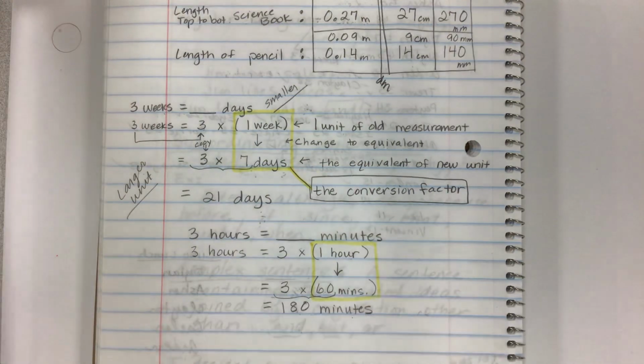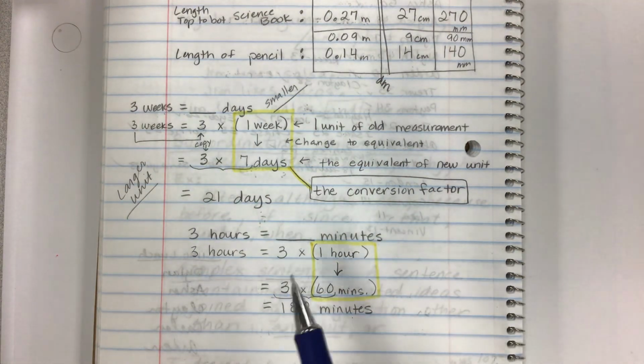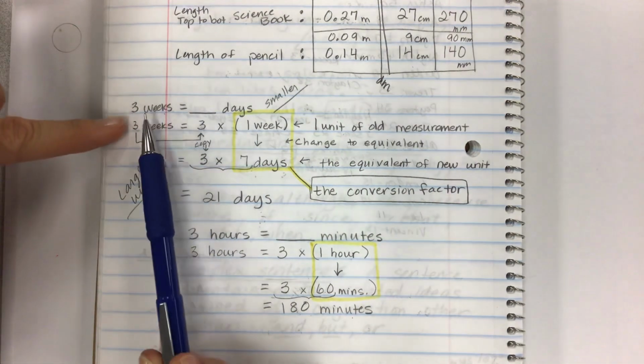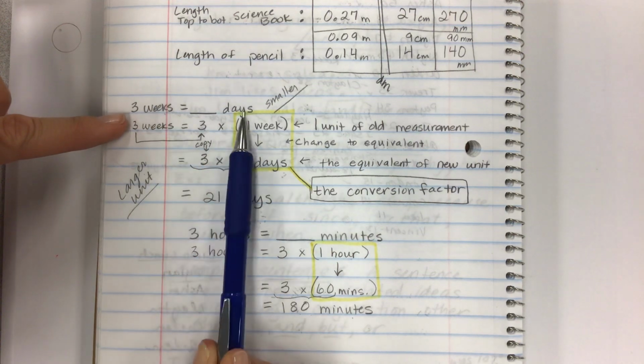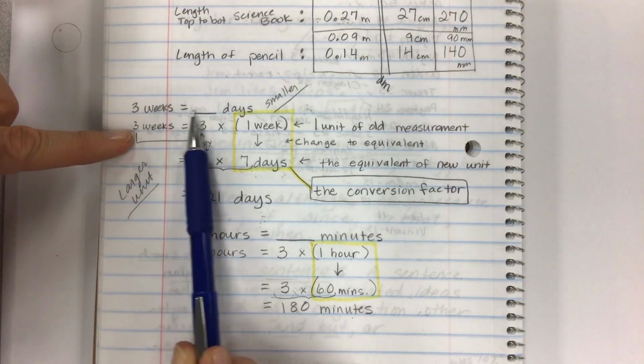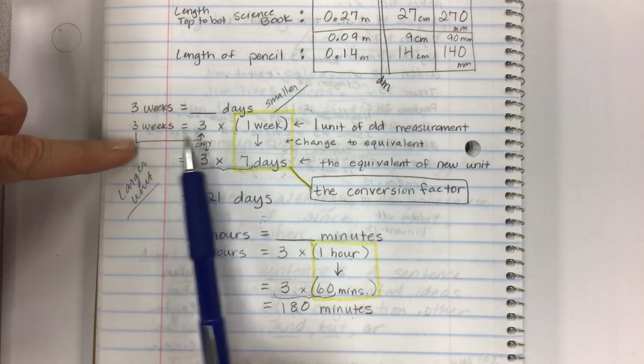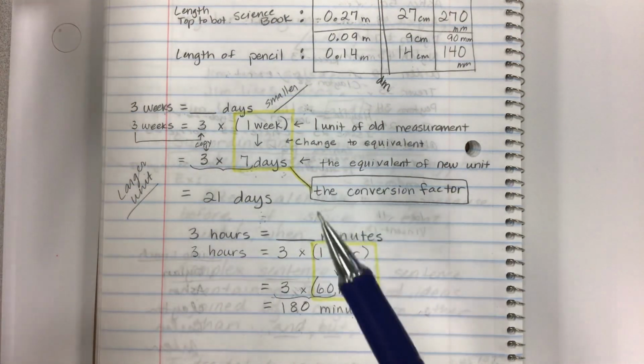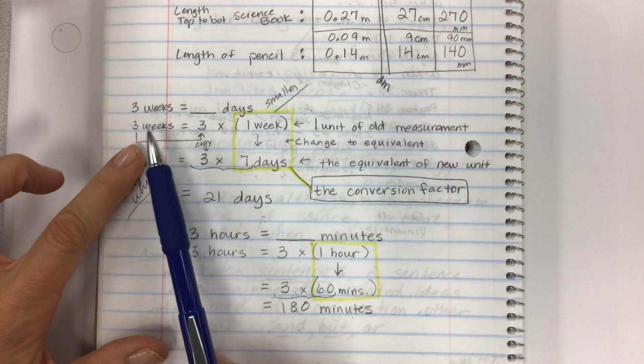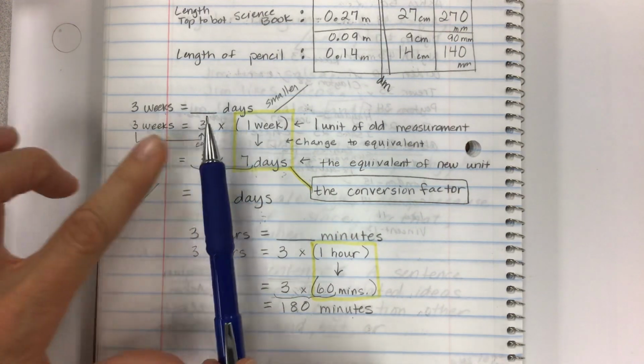This is the way that I like to explain what they do in the book. Okay, you have to make a conversion. Weeks to days. I know I have 3 weeks, so how many days is that? So here's the way we lay it out, and this is pretty much in the book. Take the old unit, rewrite it.